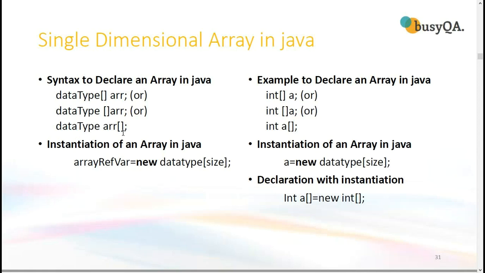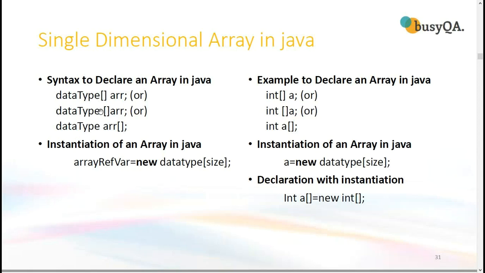Now, there are other ways of doing it as well. I don't like the other two. I think this is more natural to me, where it's data type, name of the array, and brackets. But I can also say the data type, then put the square bracket, and then put the name of the array. These two flavors are the same.